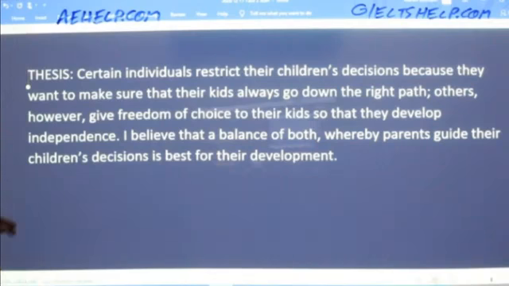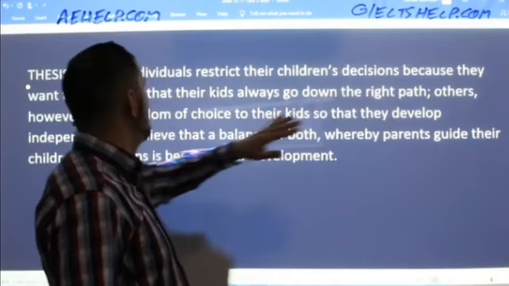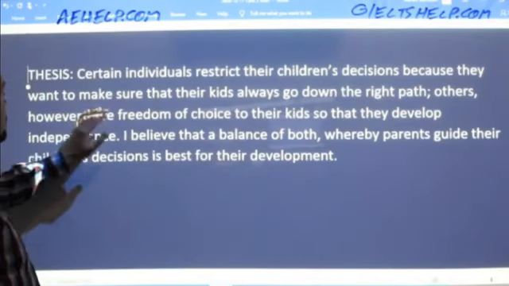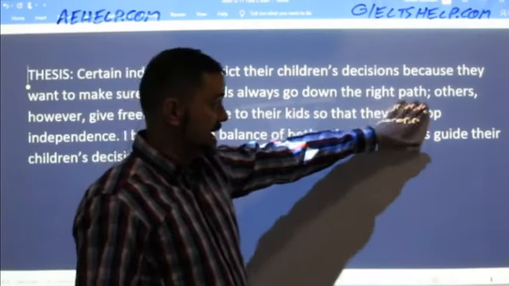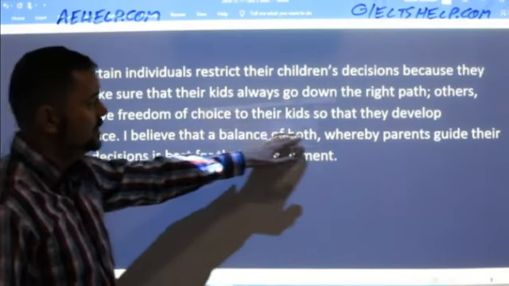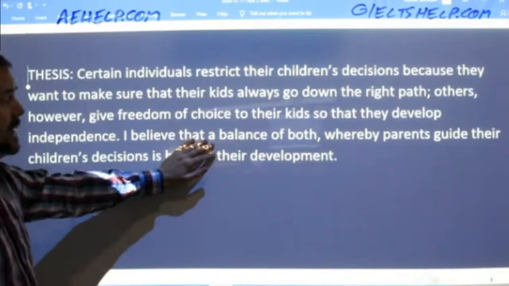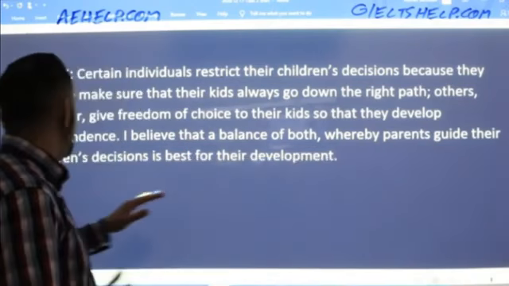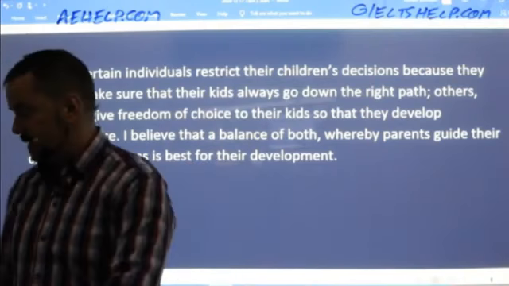Okay, so certain individuals restrict their children's decisions because they want to make sure that their kids always go down the right path. Others, however, give freedom of choice to their kids so that they develop independence. I believe a balance of both, whereby parents guide their children's decisions, is best for their development.